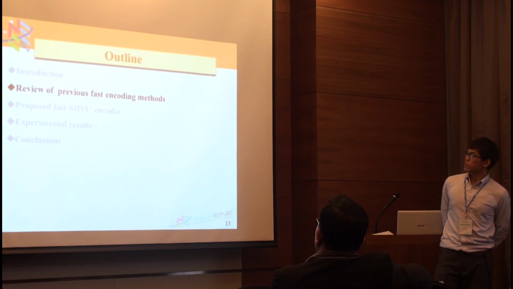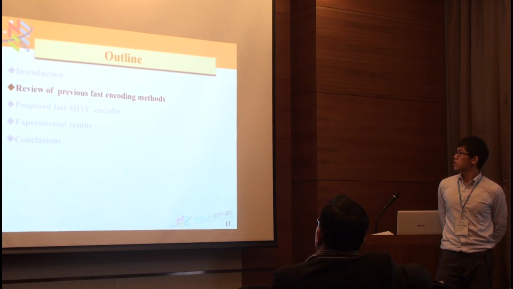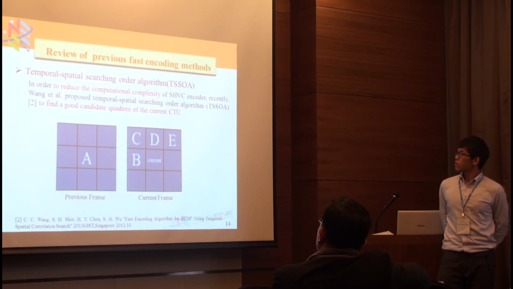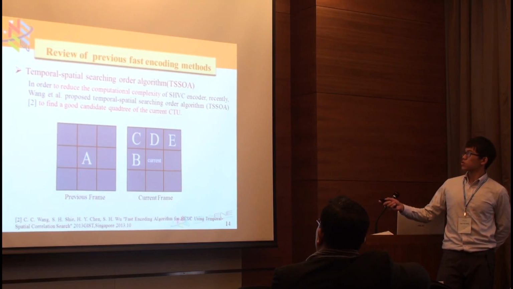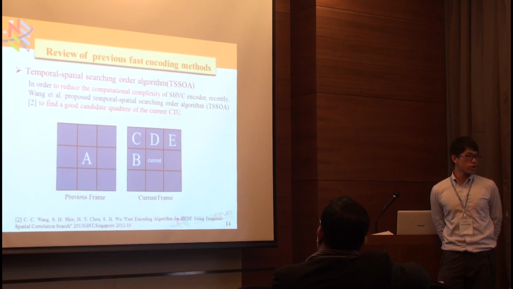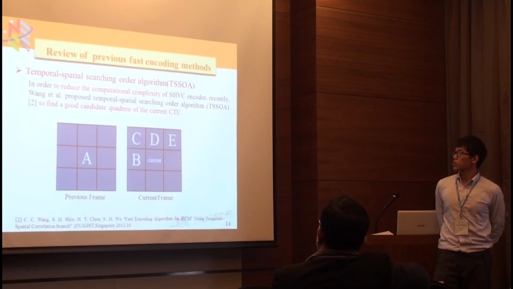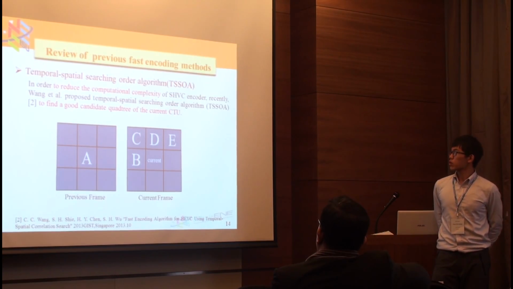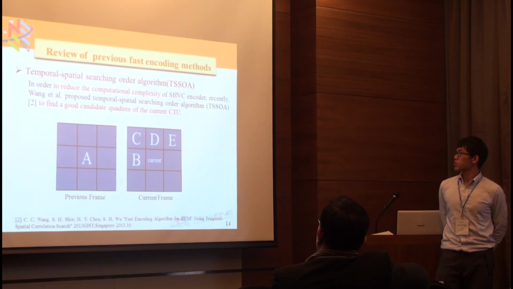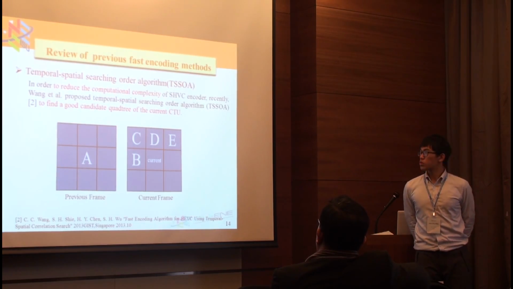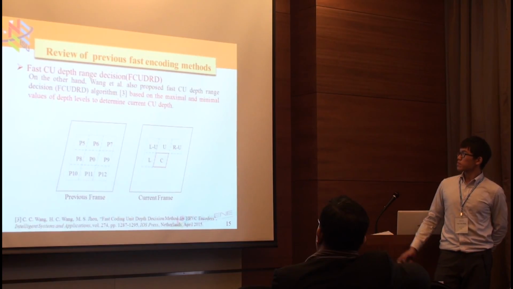Review of previous fast encoding methods. First, the temporal and spatial search order algorithm called TSSOA. In order to reduce the computational complexity of the SHVC encoder, one recently proposed the temporal and spatial search order algorithm, TSSOA, to find a good candidate quad-tree of the current CTU.